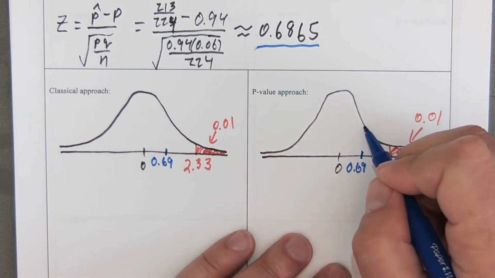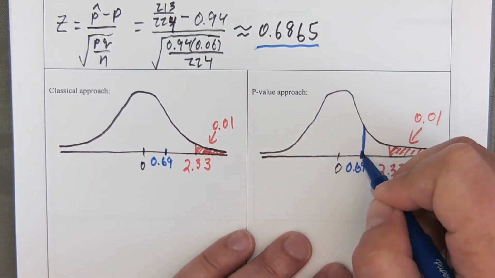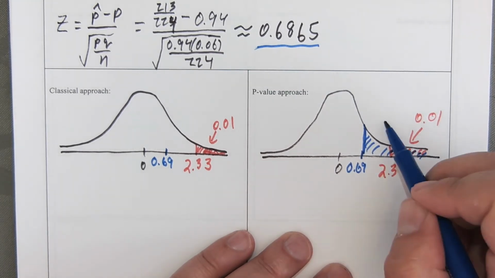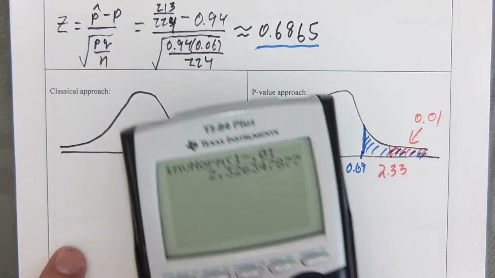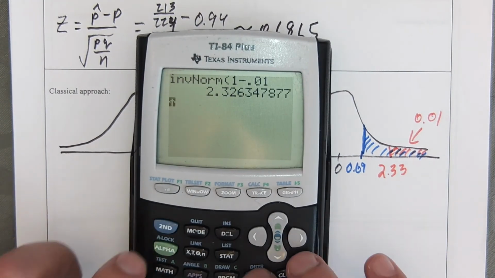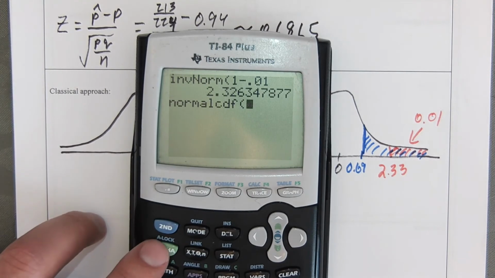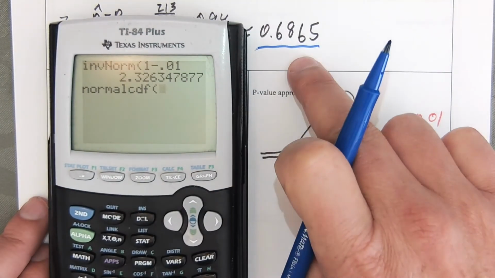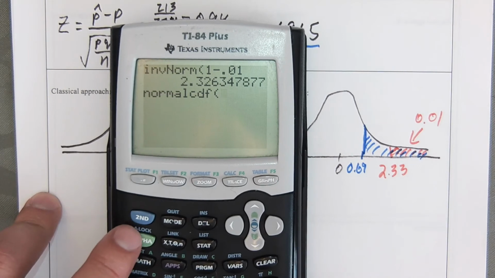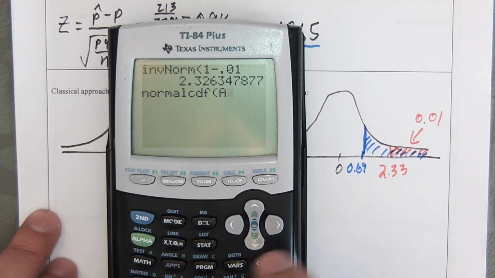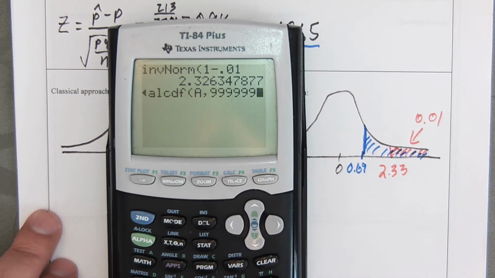And I'm actually going to find the area here. This is called p-value. And I'm going to find p-value by doing norm CDF. I'm going to start with this number up here, which I start off as the letter A, so I get all the digits, comma.